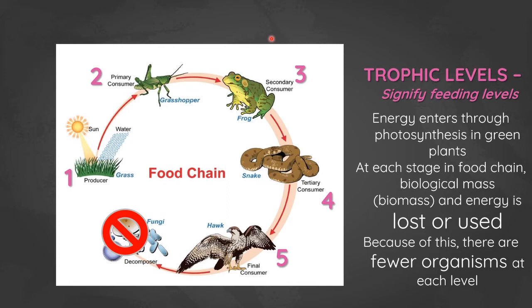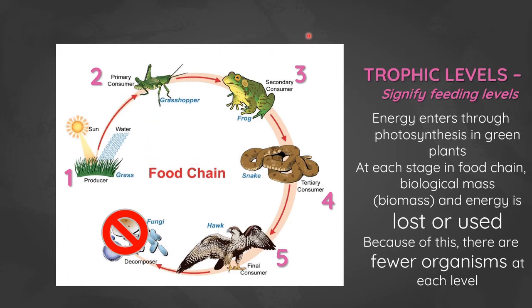At each link in the food chain, energy and biomass is lost, for example through defecation, excretion, and use in respiration. And since there's less energy and biomass at each successive trophic level, there are fewer organisms at each level as you move up the chain. So due to this loss of energy and biomass, food chains rarely exceed 5 organisms.